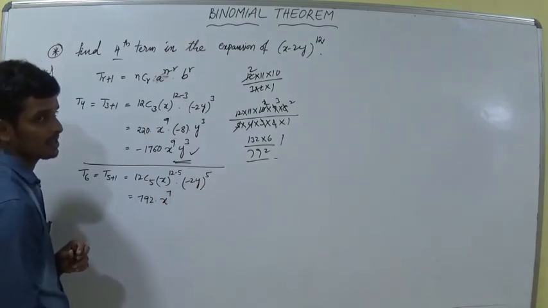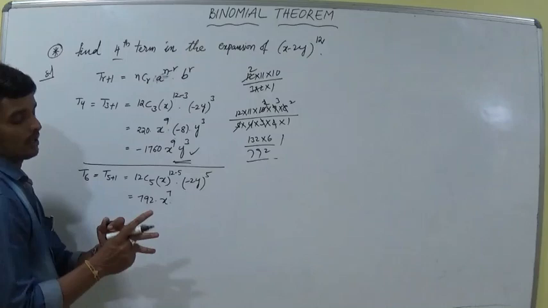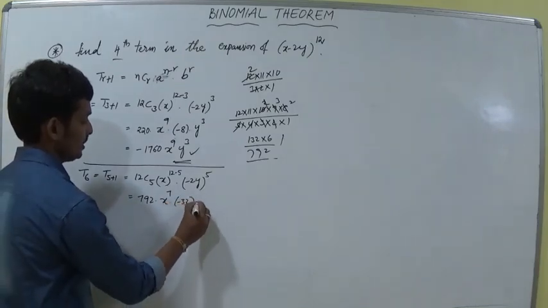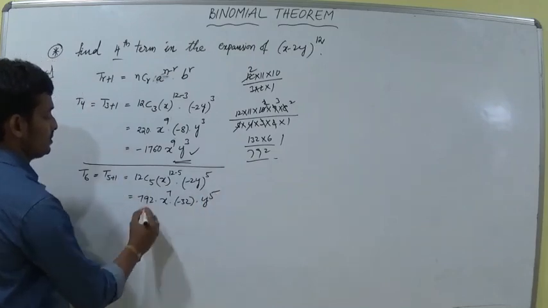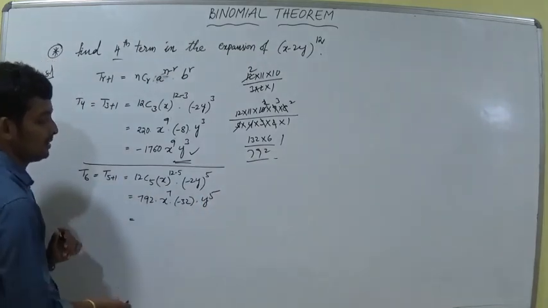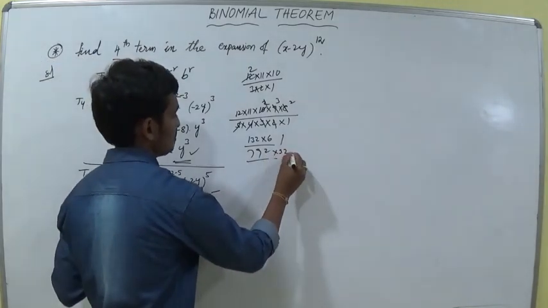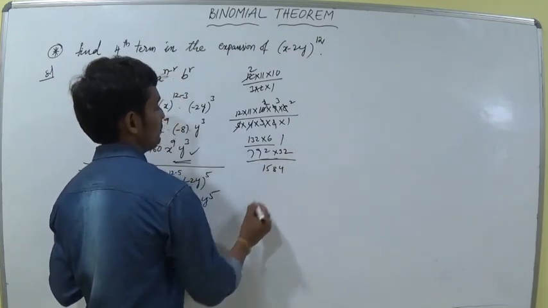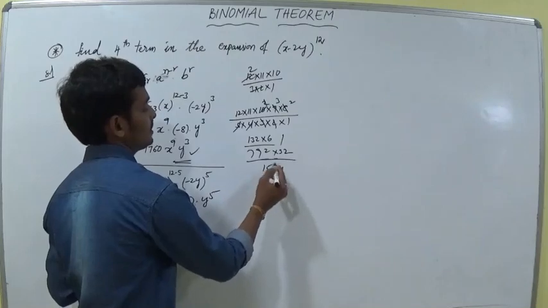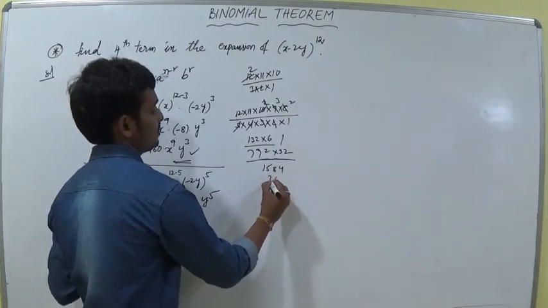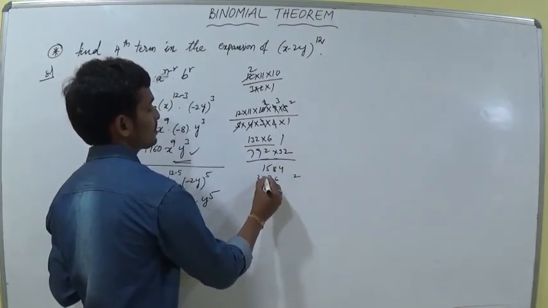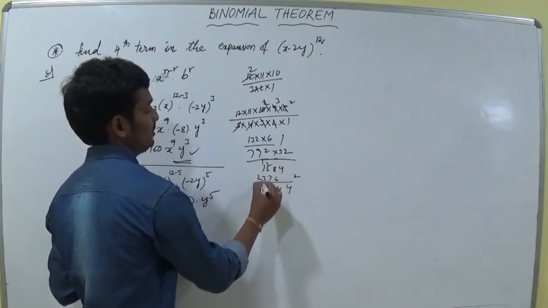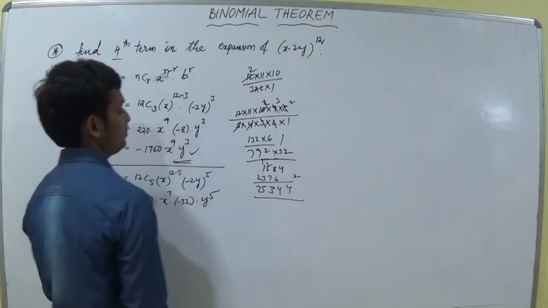Minus 2 to the power of 5 is 2, 4, 8, 16, 32, that is minus 32 into y to the power of 5. So you can multiply 792 into 32.